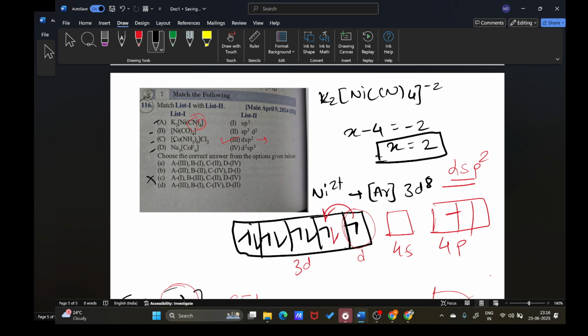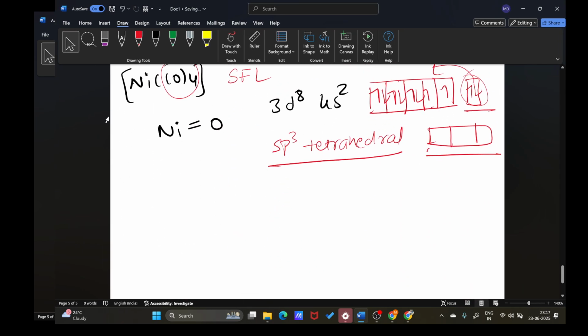So going on to the next, C, that is [Co(NH3)6]Cl3. If you see Cl3 is here, so if the Cl is removed, it will have a +3 charge on the complex. So [Co(NH3)6] with the +3 charge.